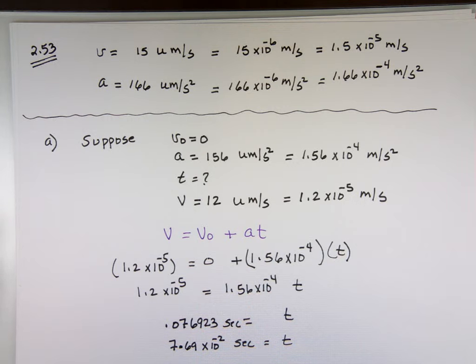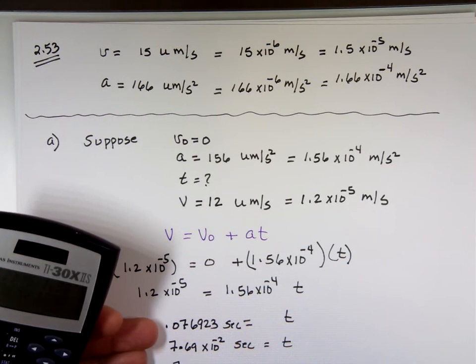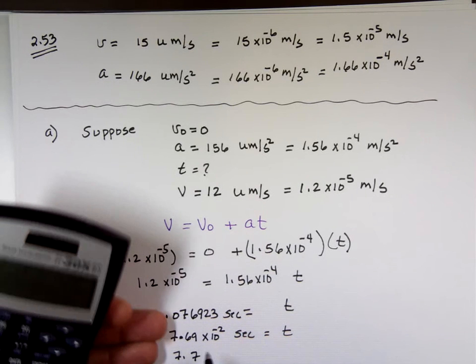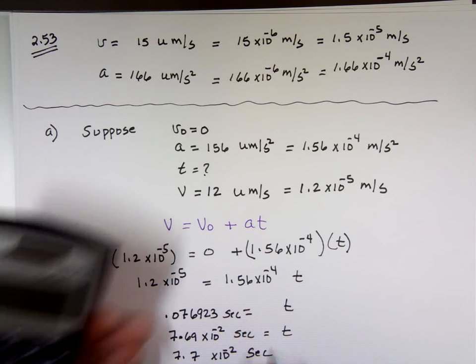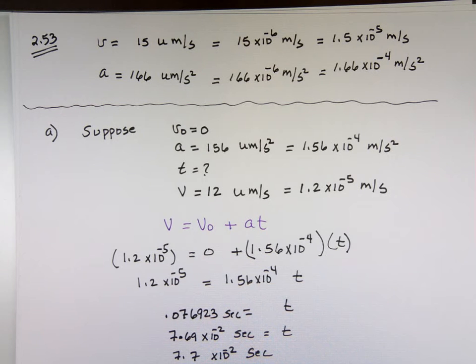Using two significant digits, 7.7. It says use two significant digits. Or 0.077.